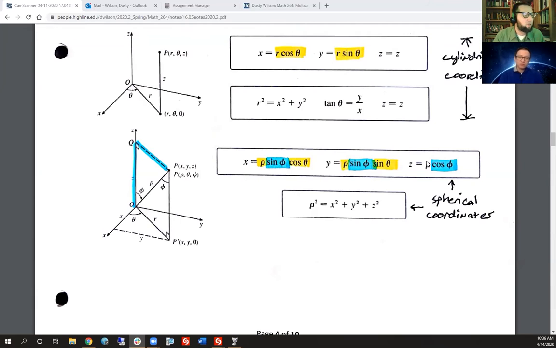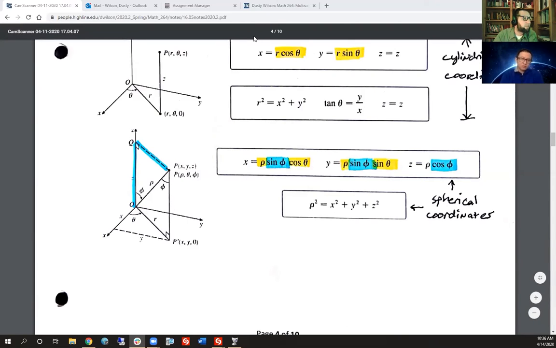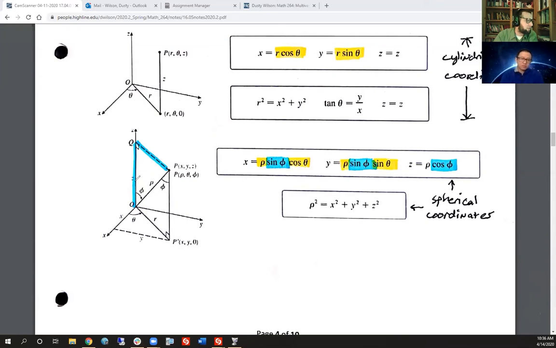And then your z is equal to rho cosine phi, and it's cosine phi because the z coordinate here is adjacent. This z right here is adjacent to the angle phi. So here's z, it's adjacent to phi, so you end up with a cosine.